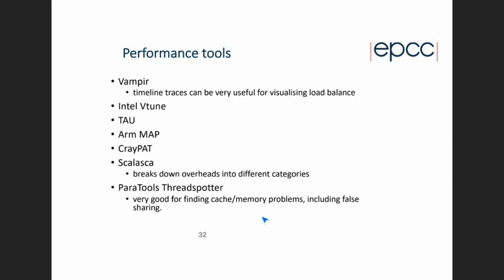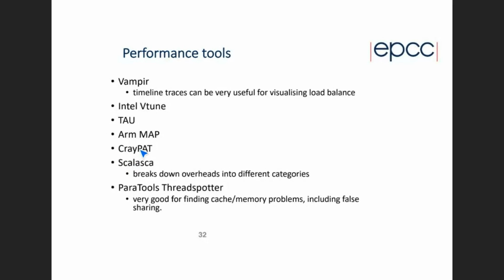There are quite a lot of tools out there, depending on what's available on the systems that you're using. On ARCHER2 we have ARM MAP, CrayPat and Scalasca available. Other systems may vary.